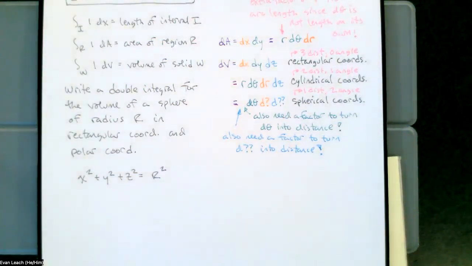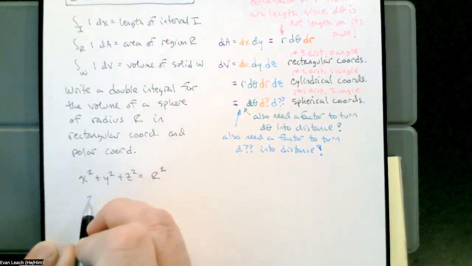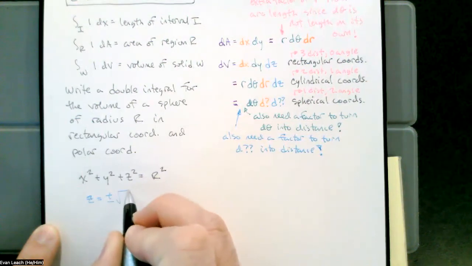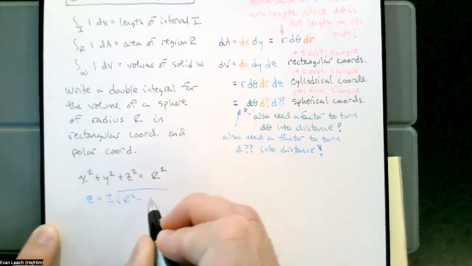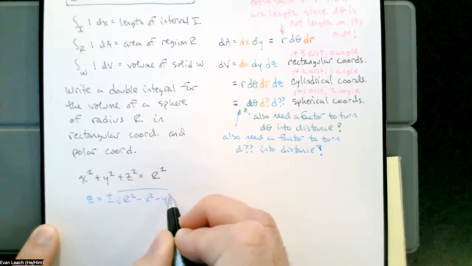So when we go to answer the question about what's z between, we're going to want to solve for z. So z is plus or minus the square root of r squared minus x squared plus y squared. I'll write it in the normal way.